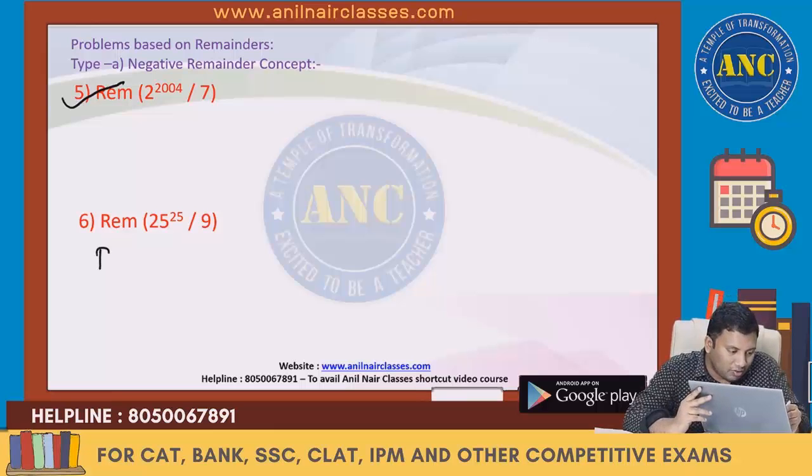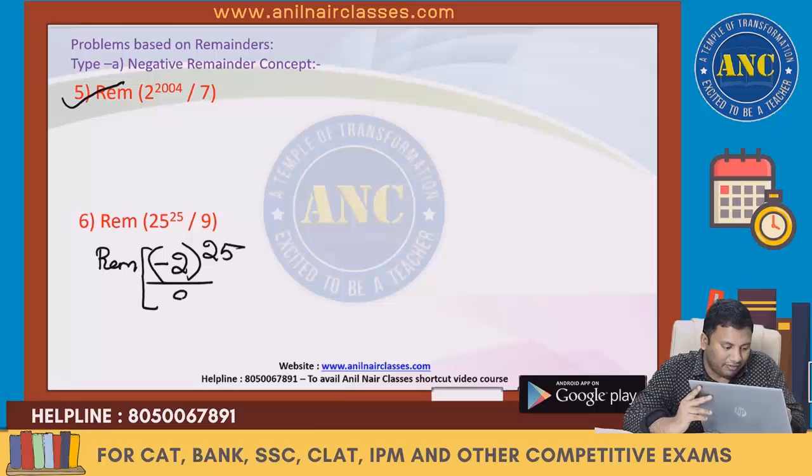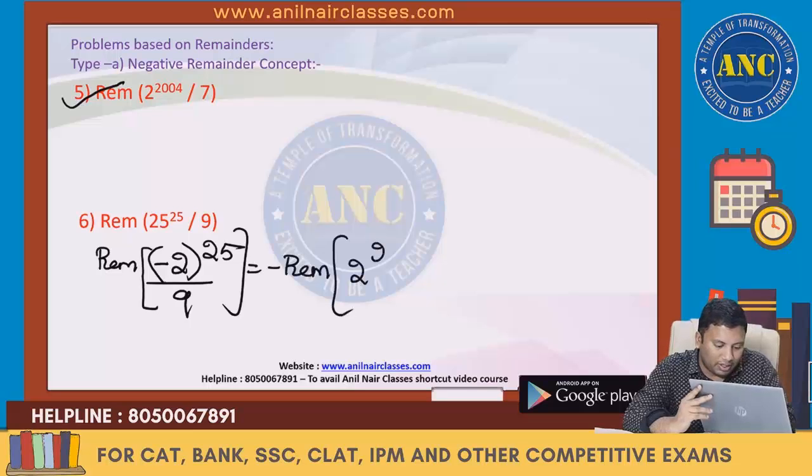Remainder of 25 power 25 divided by 9. 9 3s are 27, so it is minus 2 power 25 divided by 9. So this is minus the remainder of 2 power 25 divided by 9.